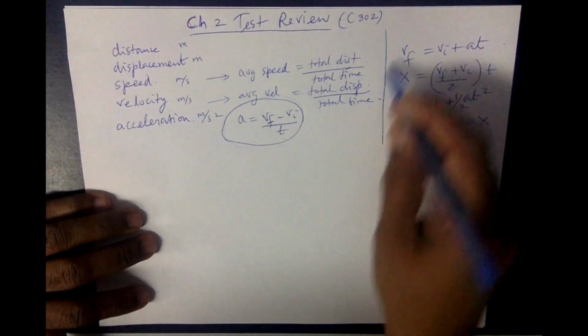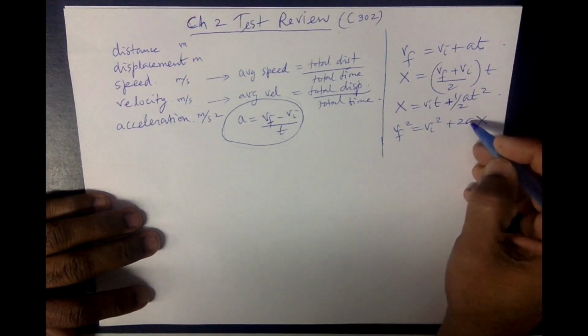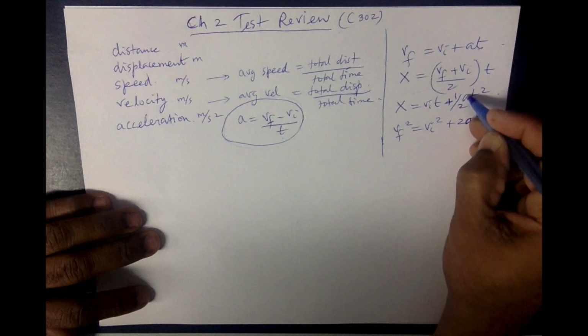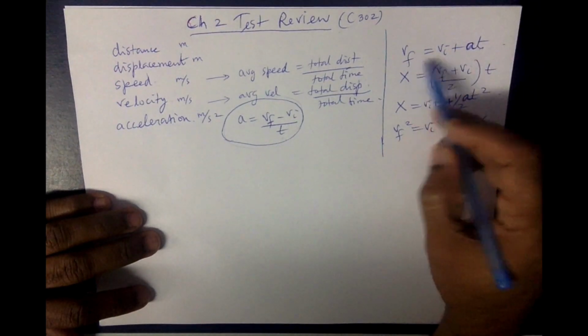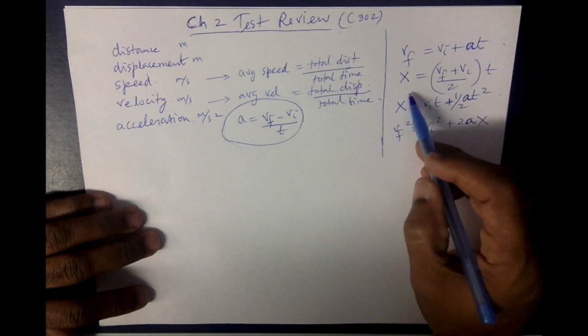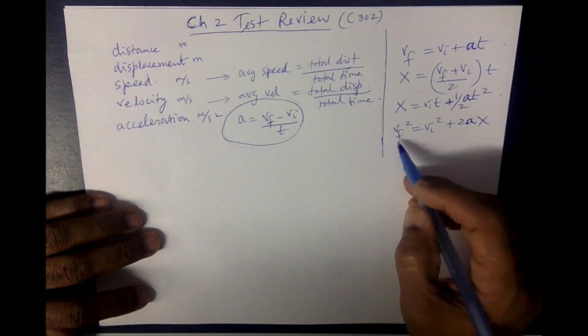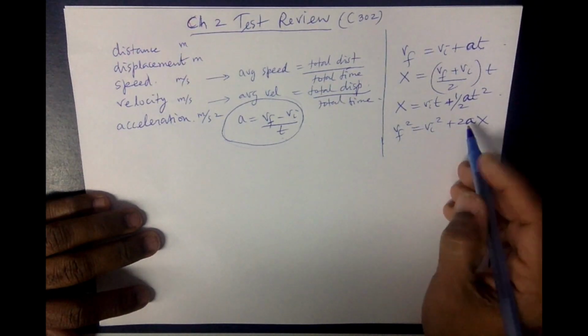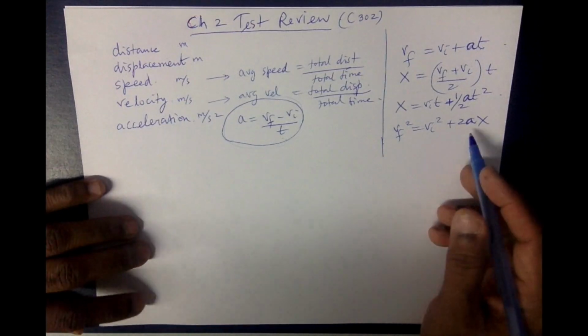All these are equations of motion to be used in case there is a uniform acceleration. This equation does not have displacement, this equation doesn't have acceleration, this one doesn't have final velocity, this one doesn't have time. So we have to pick the equation according to what is not given to you.